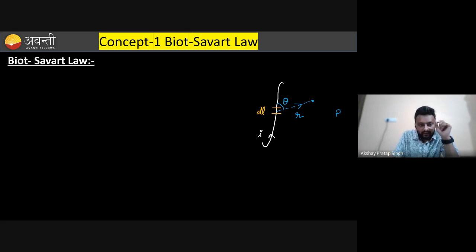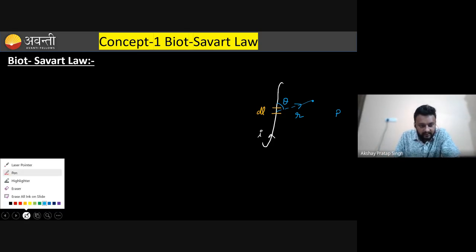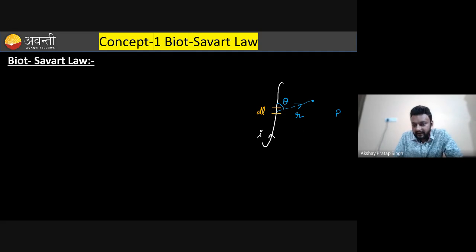Before moving further, I just want to clear a few of the terminologies that are going to be used in this topic. First of all, the term current I and this dl, this combined term Idl, we are going to call the current element.